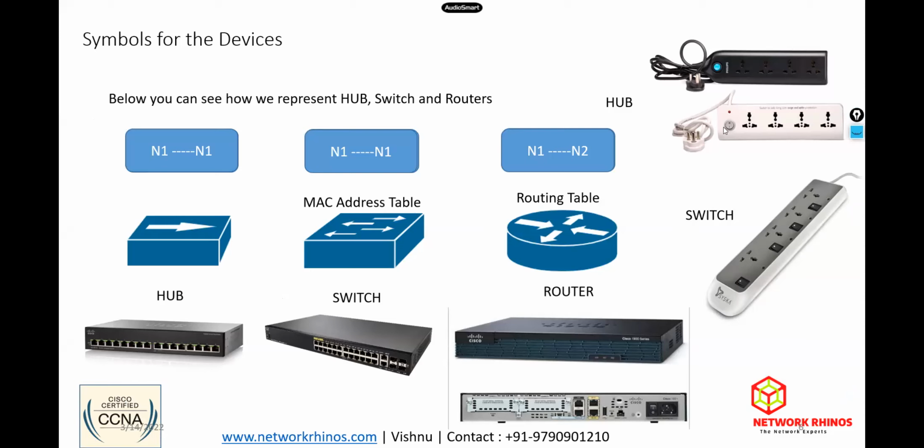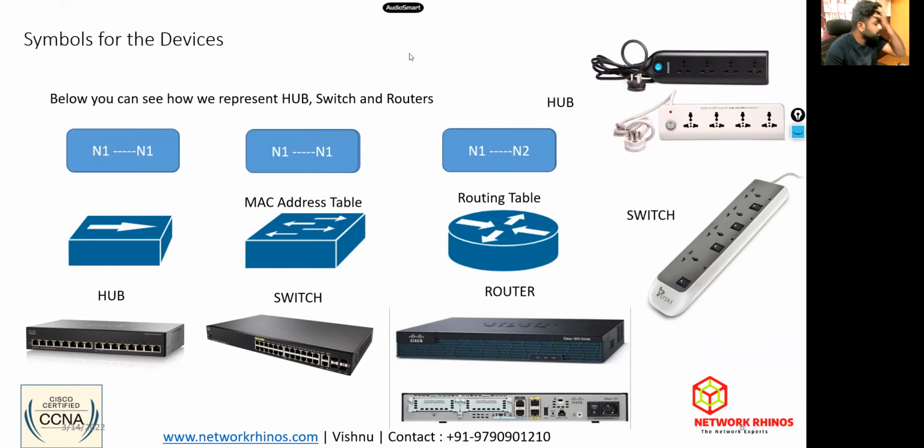Okay. Let's understand where I'm going to use a hub, switch, or router. Hubs are normally used to connect same network devices. Switches are also used to connect same network devices. Routers are used to connect different network devices.